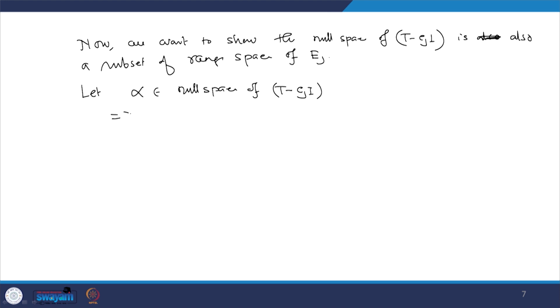So, this implies that T minus CjI alpha equal to 0.